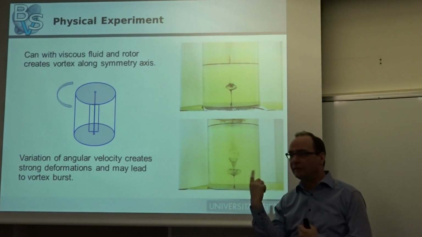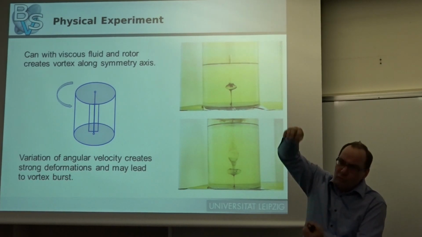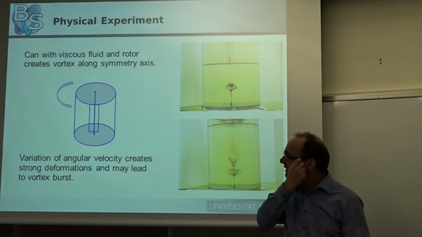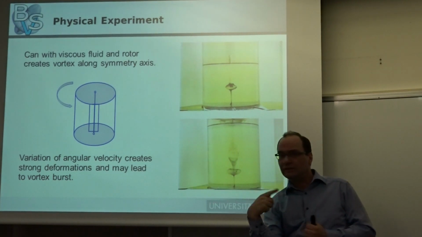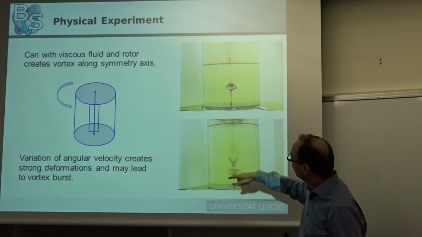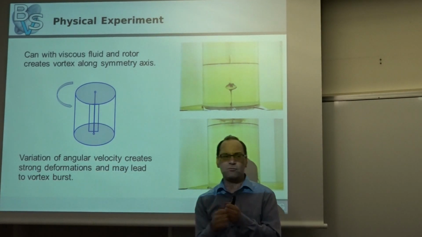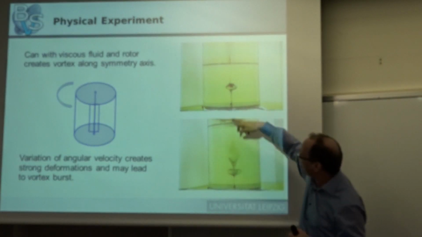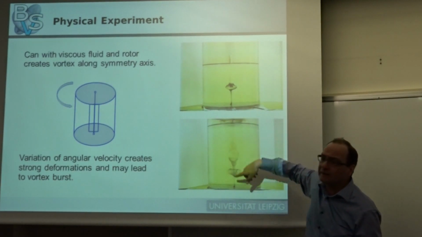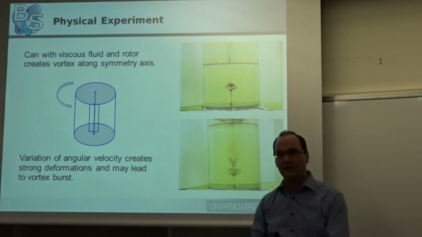If you start rotating slowly, there will be a small tube-like vortex, the kind that we all know from the bathroom. The interesting part is, if you start spinning faster, depending on the viscosity, at some point the shear creates strong deformations, so there's a rapid change, and suddenly the structure looks completely different.